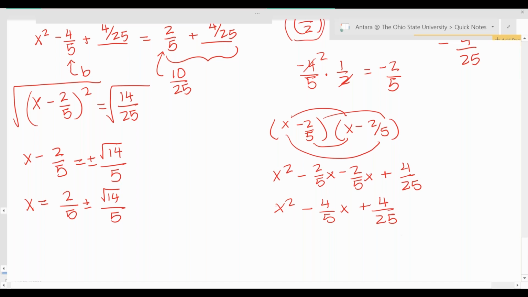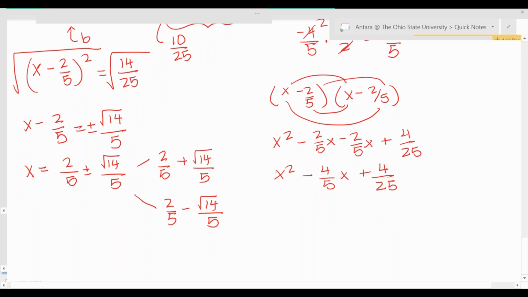That's the same as the two values 2/5 plus square root of 14 over 5, and 2/5 minus square root of 14 over 5. Those are the two values of x we get from this.